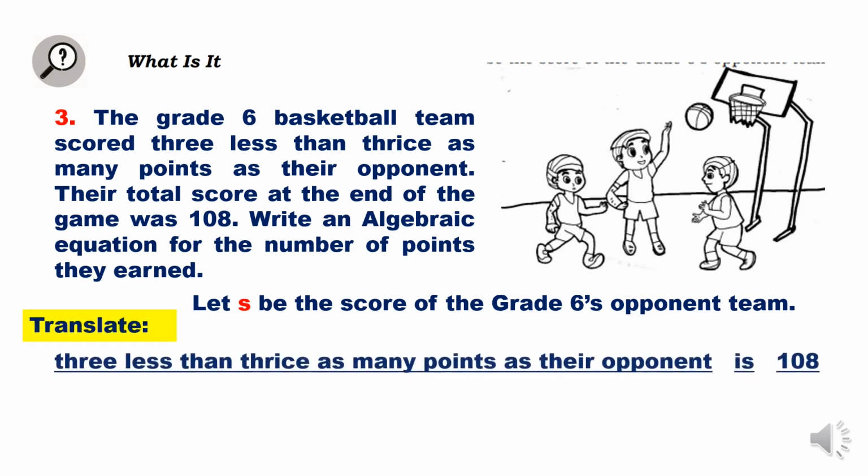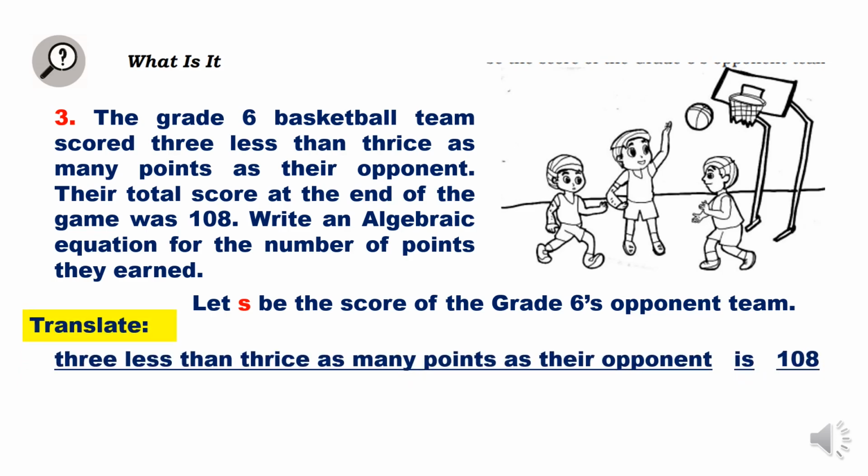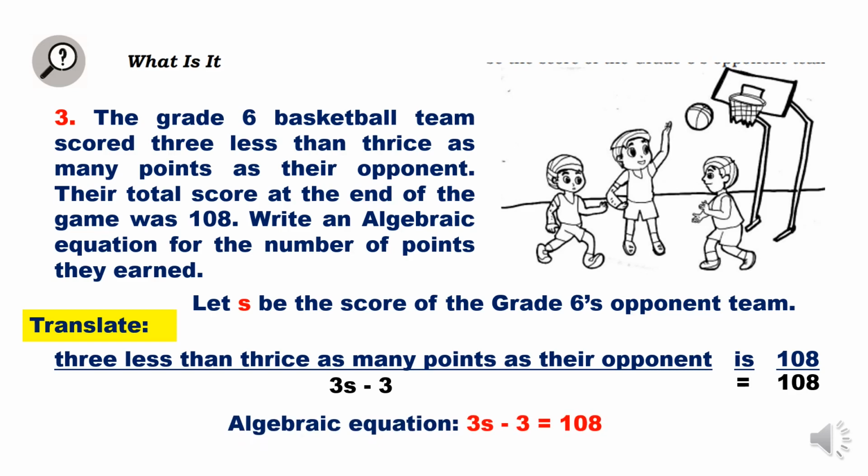Translate: 3 less than thrice as many points as their opponent is 108. So that is 3S minus 3 equals 108. The algebraic equation: 3S minus 3 equals 108.